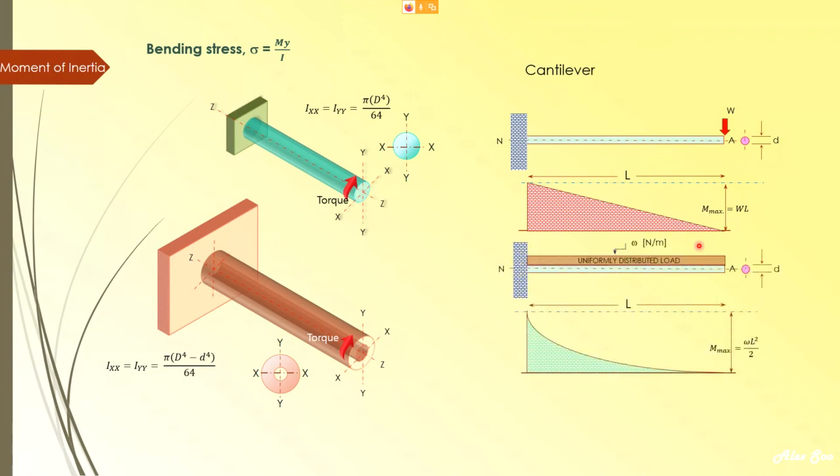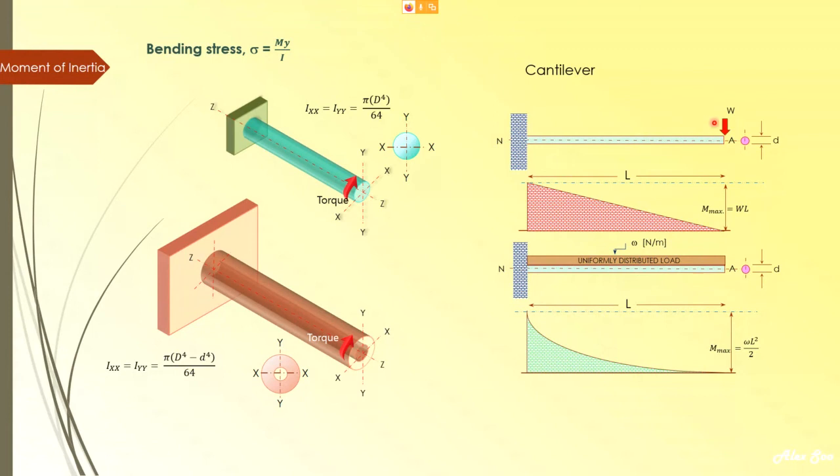Now for example, a uniformly distributed load, let's say you're subjected to the self-weight of the beam or the shaft, because shafts are lengthy, solid or hollow, and usually made of mild steel, so they have a certain amount of weight.